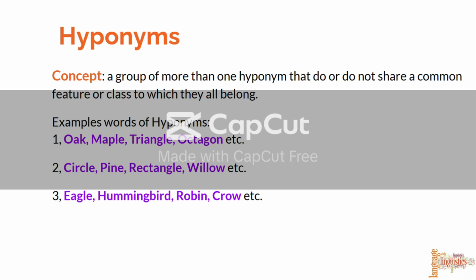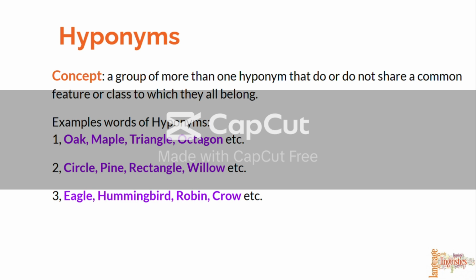And in group 3, because I wrote wrong here, I'll still point it out that in group 3, it is actually called co-hyponyms, because in group 3, all the words are sharing a common feature or a class.